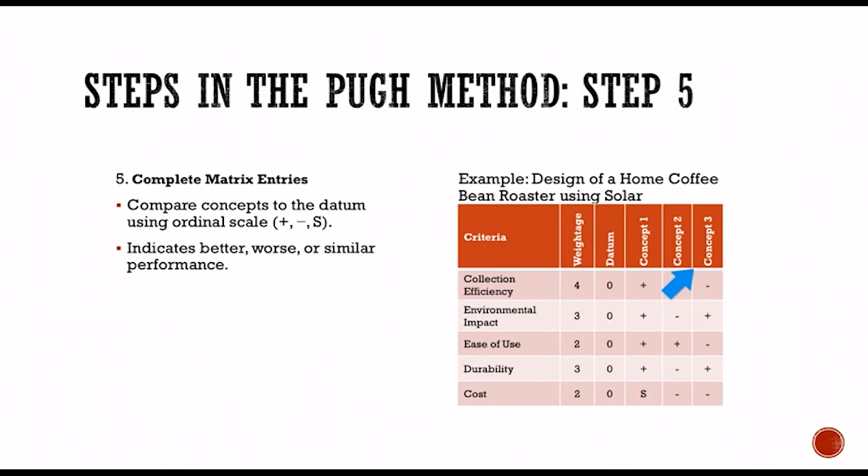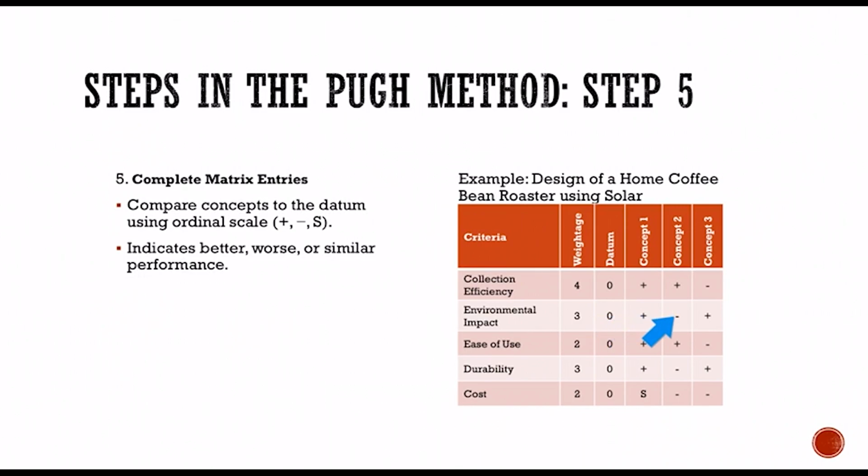Let's say we consider concept number 2 in terms of environmental impact against the datum. When we compare concept number 2 for environmental impact to the reference product, we see that concept number 2 is worse than the reference product.